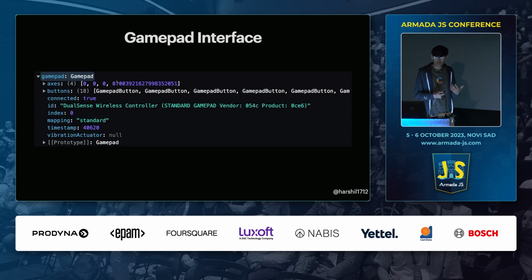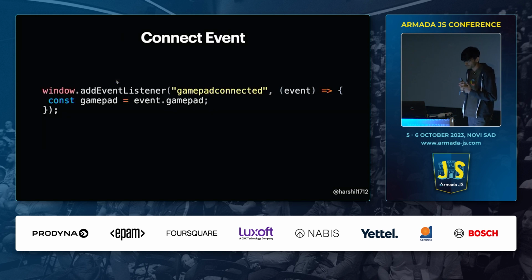Because I am using a DualSense controller, it has 4 axes, it has approximately 18 buttons, and this is all the information that I get. Now using this, I can tell my game what should happen when a particular button is clicked. But if you go back to the example that I showed earlier, that experience wasn't that smooth. All right, let's hold on to that again and move on to the next part of the Gamepad API.